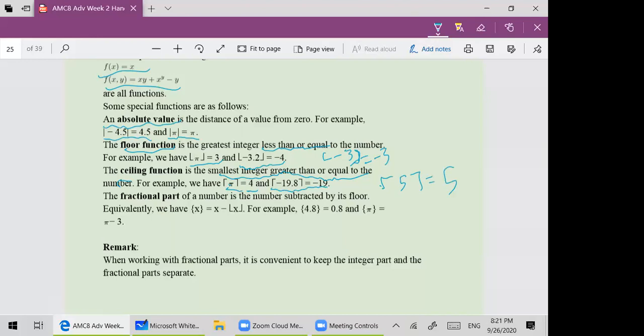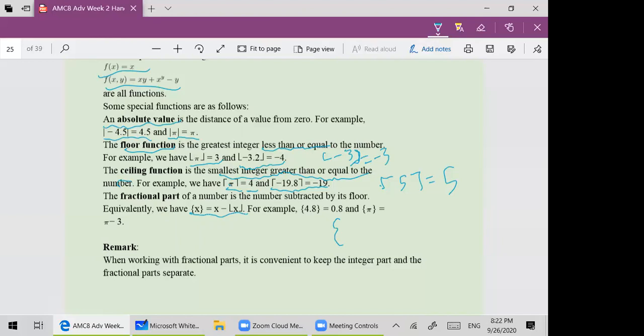The fractional part of a number is the number subtracted by its floor. Equivalently, this equals x minus floor of x. For example, the fractional part of 4.8 equals 0.8, and the fractional part of pi equals pi minus 3. Now, for negative numbers, you cannot just take the part after the decimal.